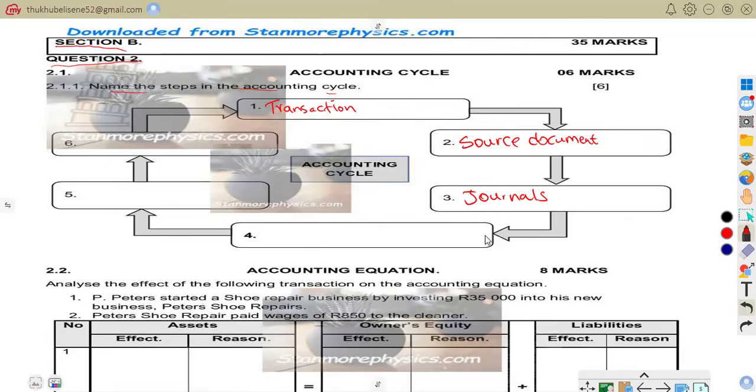Common journals are the cash receipts journal, cash payments journal, sales journal, purchases journal, and general journal. For example, if a business receives 3,000 cash from a customer, it is recorded in the cash receipts journal.